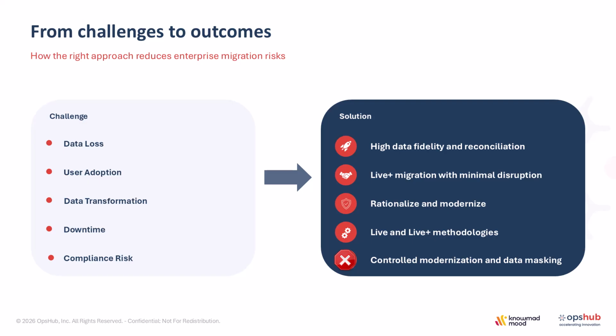So with OpsHub, what you get is you get the high fidelity without any data loss. You get zero downtime, so you can have no disruption, and you can incrementally cut over teams so that you can focus on user adoption in small batches. You can modernize and make sure your data is clean for leveraging in the new tooling with the Gen AI.